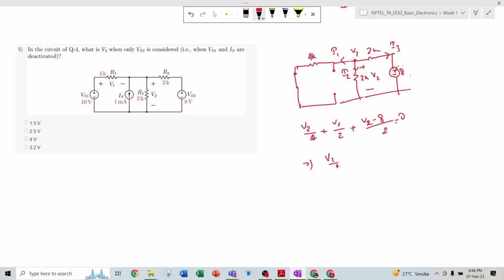So V2 by 4 plus V2 by 2 plus V2 by 2 is nothing but 8 by 2. So here it will come 4V2 plus 2V2 plus 2V2 is equal to 8 by 2.